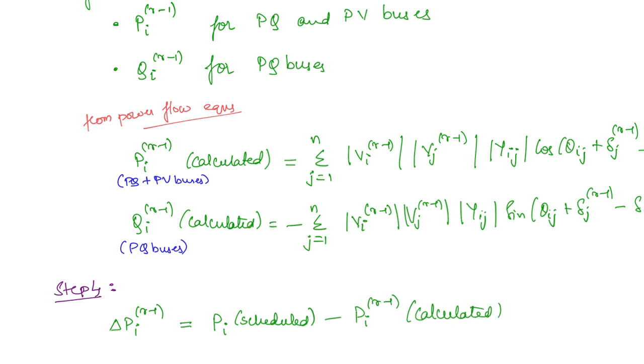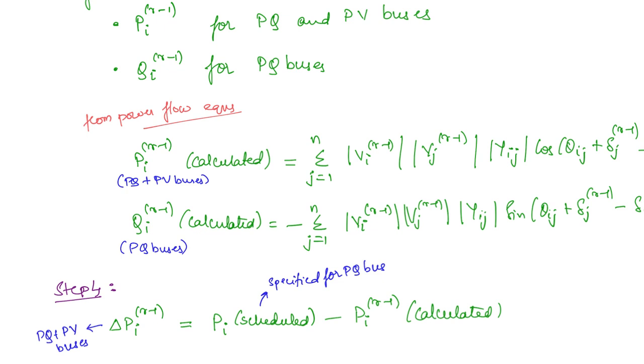So this is the specified value. You are going to do this for both PQ and PV buses, delta Pi.